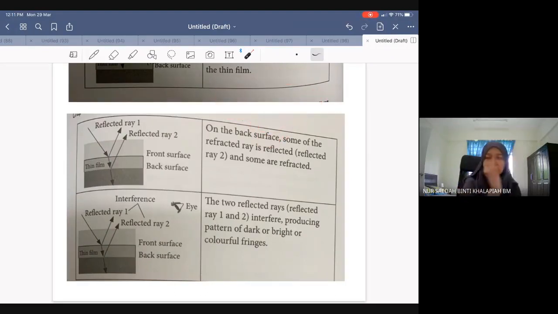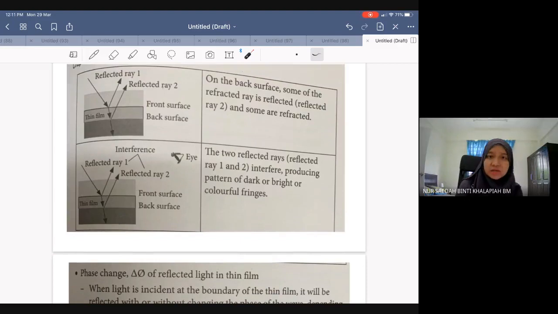So dekat, sebab dia ada bahagian belakang surface of the thin film. Okay, so kita akan nampak ada dua reflected ray dekat sini. So these two reflected ray will interfere. Reflected ray 1 and reflected ray 2 will interfere. So interference of that producing a pattern of dark or bright or colourful fringes.